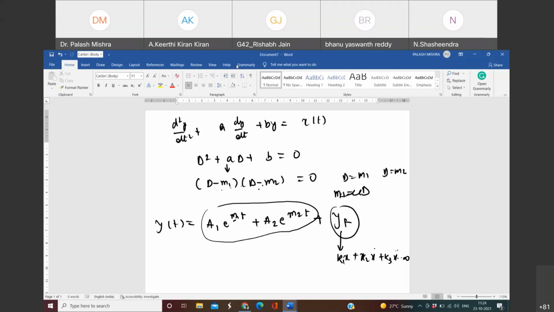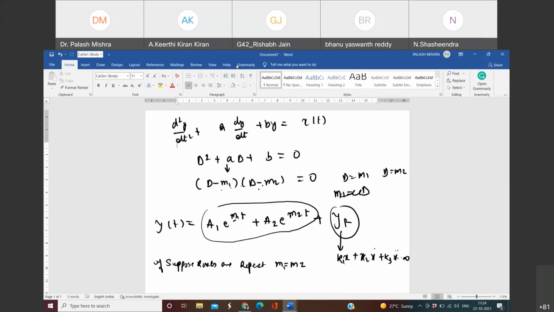Now, suppose the roots are repeating, suppose m1 equals m2, then what will be the solution?